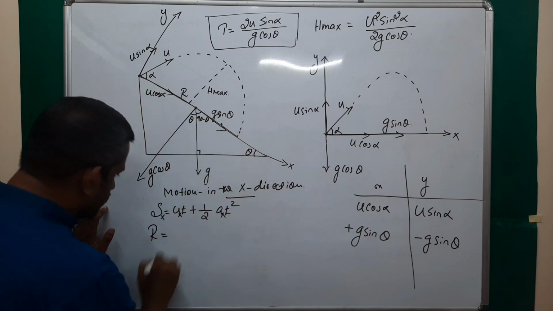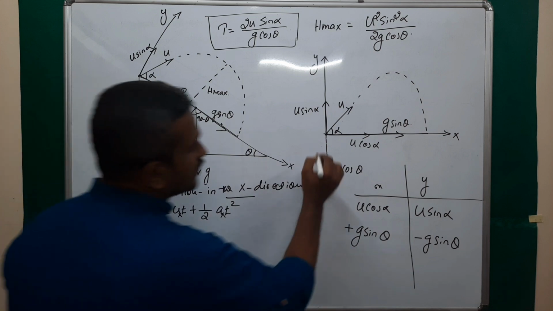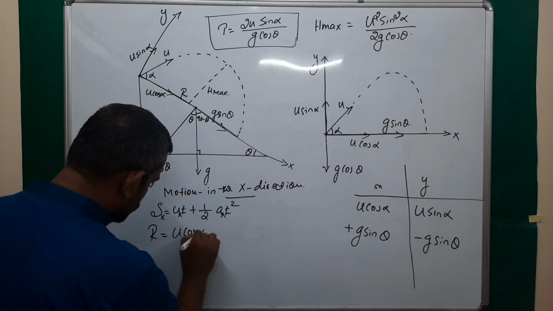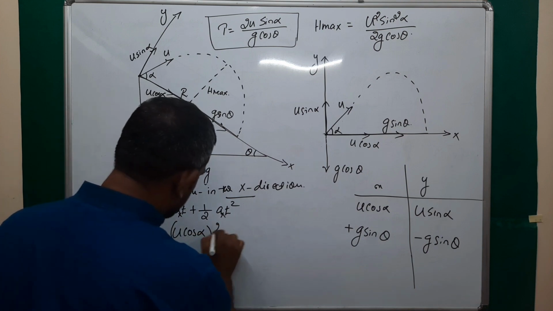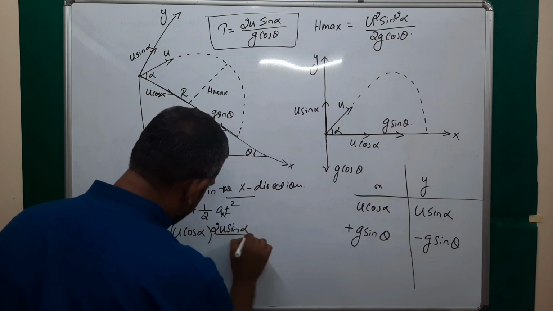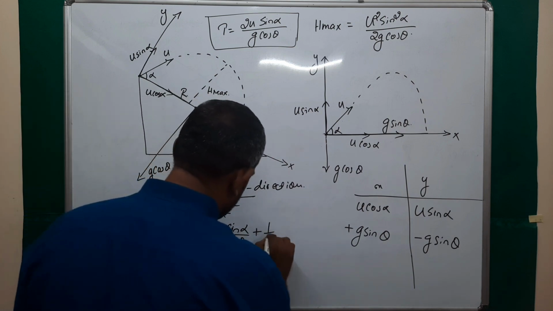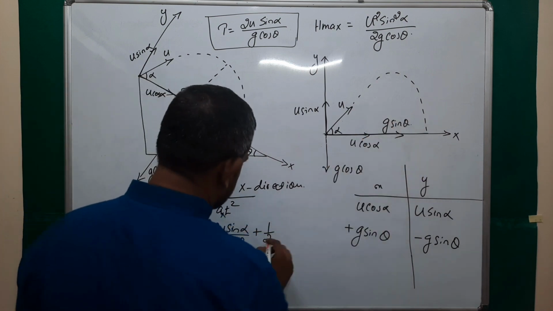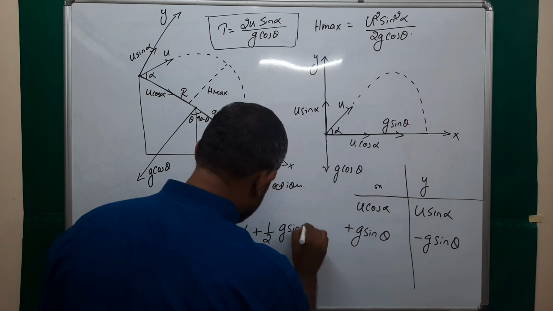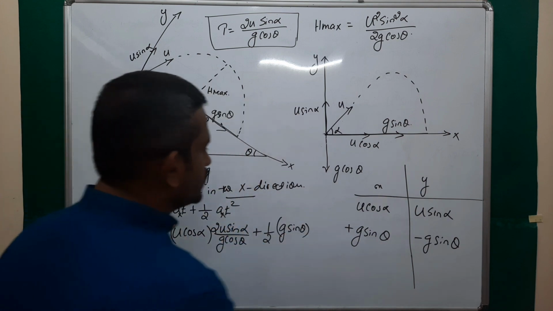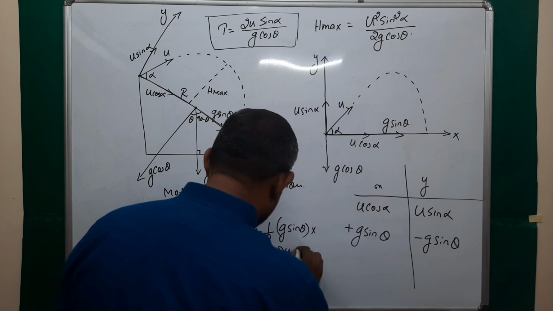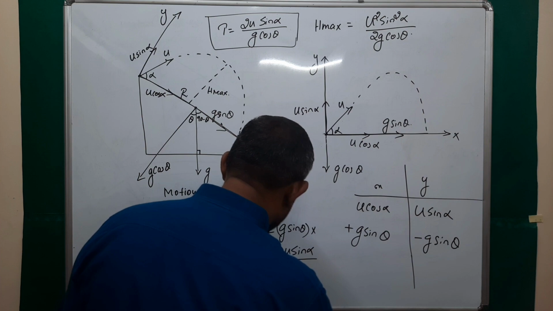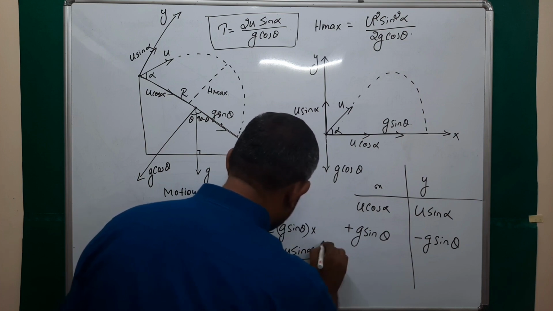Range R is equal to ux, the velocity in the x direction, that is u cos alpha, into t, the time of flight, that is 2u sin alpha divided by g cos theta, plus half into the acceleration in the x direction, that is g sin theta, into t square, that is 2u sin alpha divided by g cos theta the whole square.